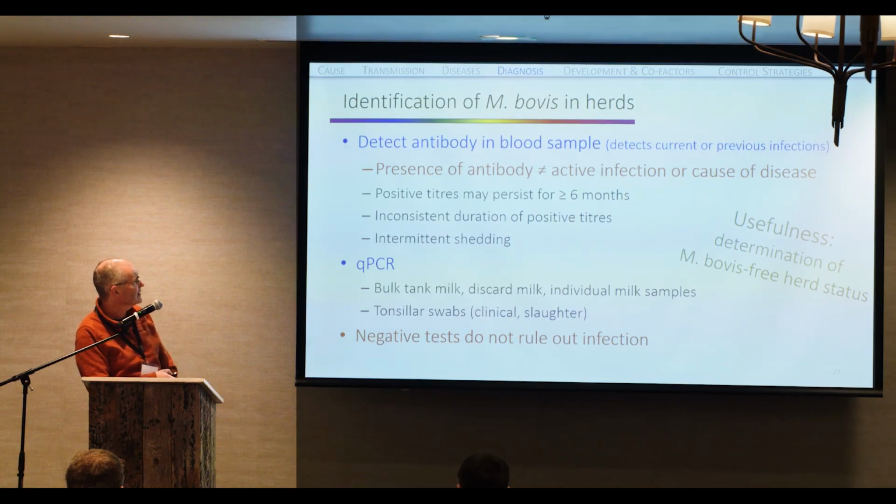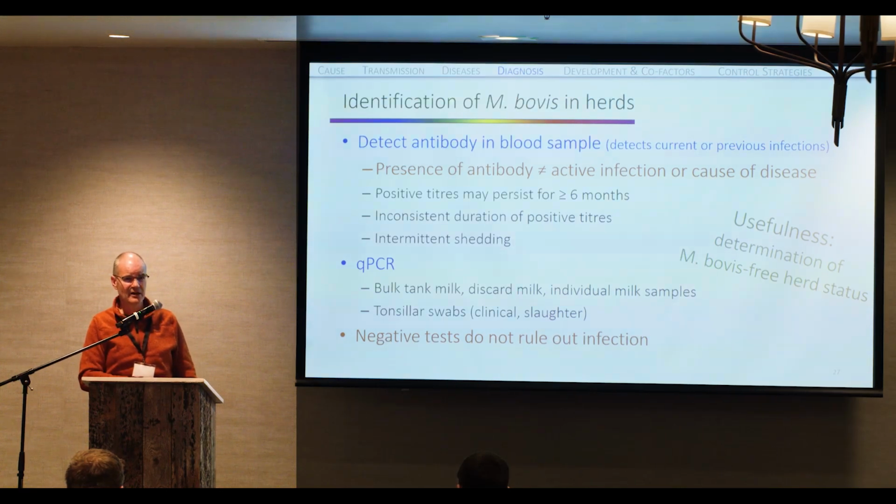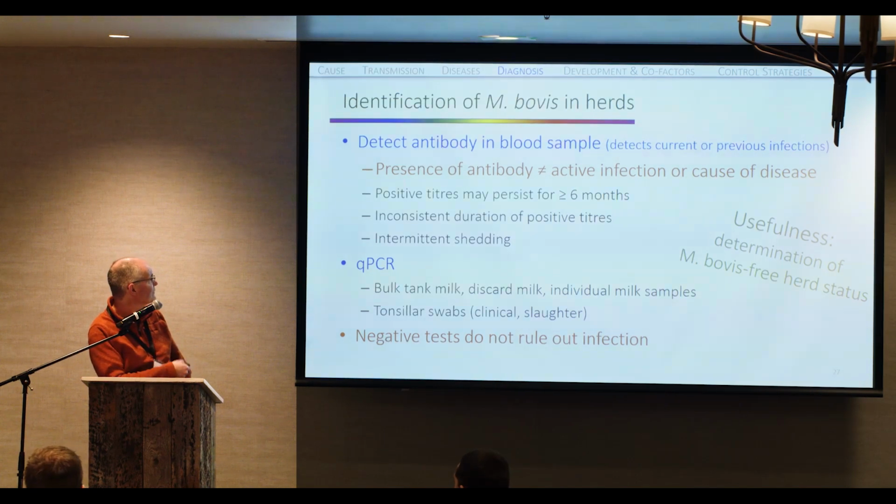I put this in, and I'm not sure how useful this will be for you. You can certainly take blood samples and detect antibodies to Mycoplasma bovis. That is not useful to diagnose an individual animal with Mycoplasma bovis disease, and it's mainly used to identify whether the bacterium is present in a group of animals. So as an example, again, in New Zealand, their method to detect if a herd was infected or not and needed to be depopulated was based on one of these two tests, either molecular testing or detecting antibody in blood.